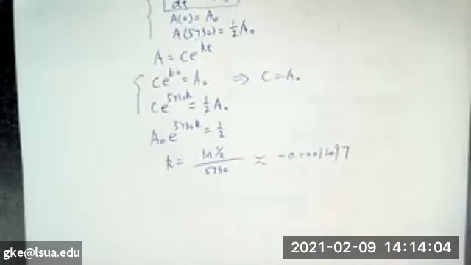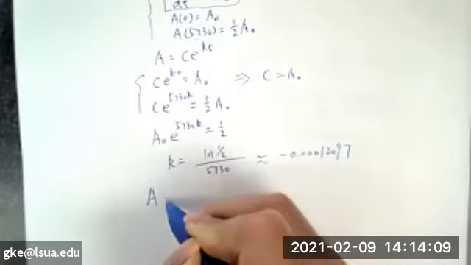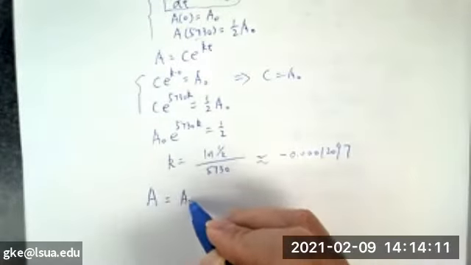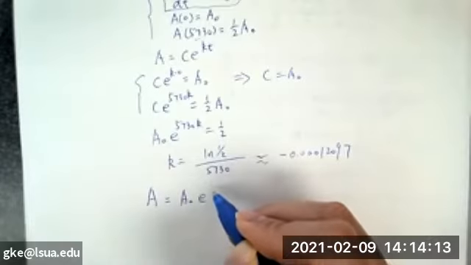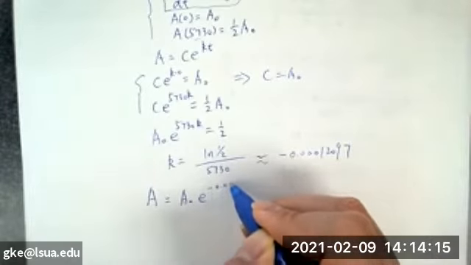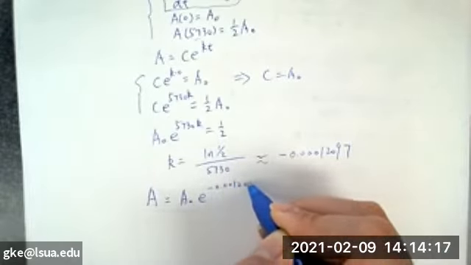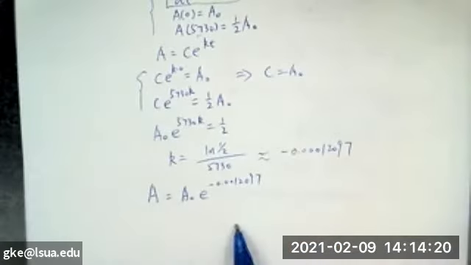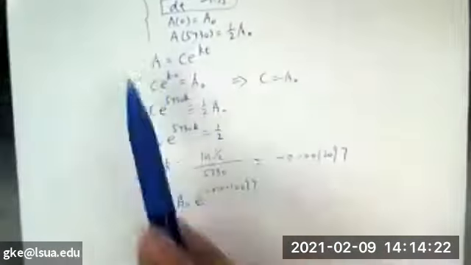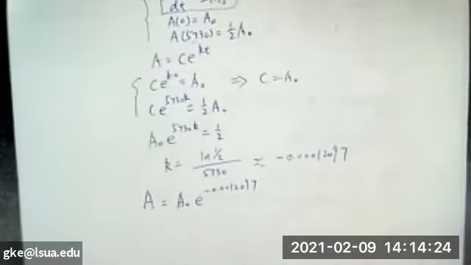Okay, we got this k. Now plugging back, C is A0. That is the solution for the whole IVP.